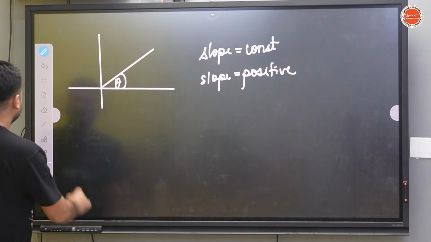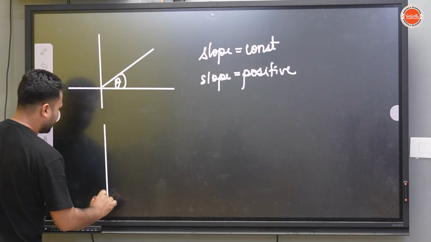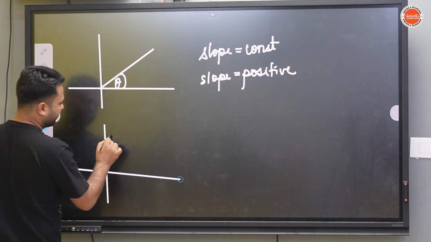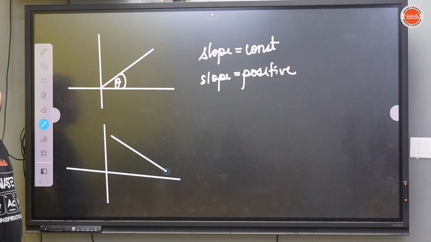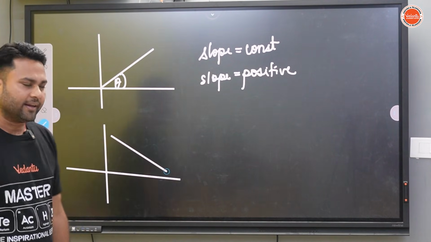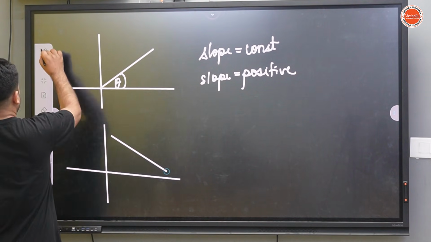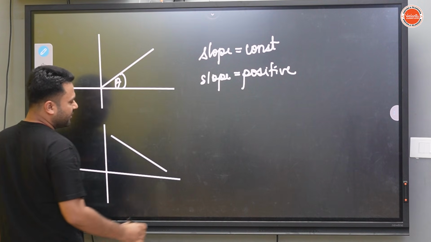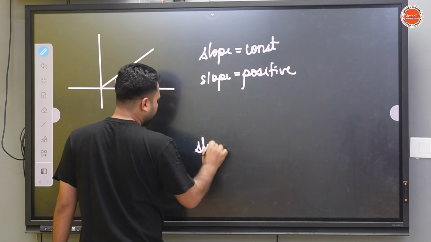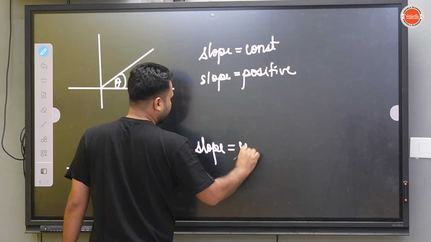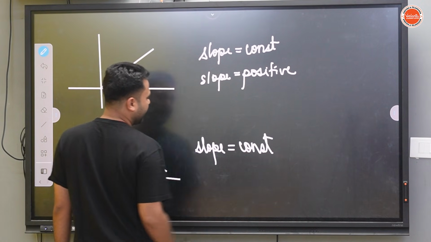Correct? But if you see these kinds of lines, then slope will be negative. Here slope is constant because it is not changing, but slope is negative. Slope is constant as well as negative.